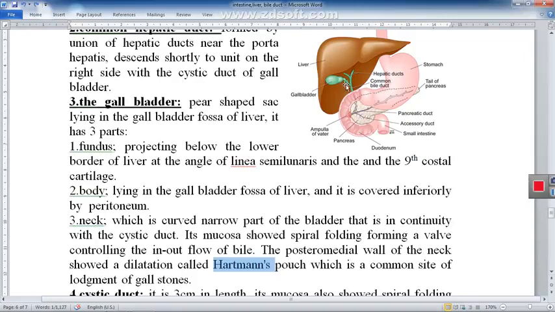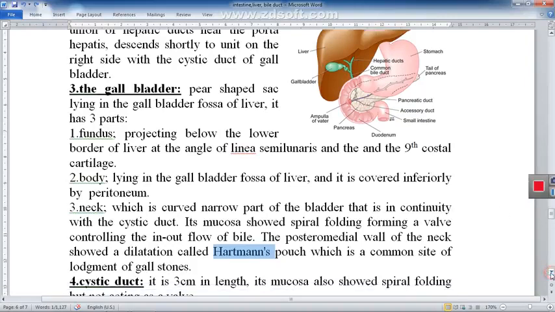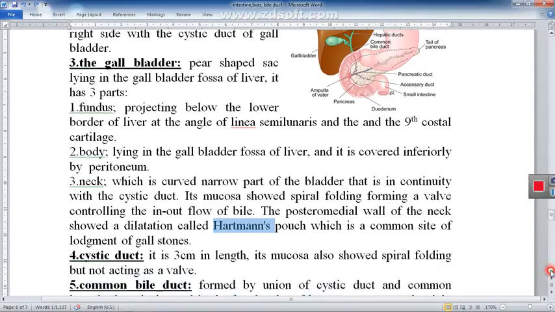After the Hartmann pouch, the neck is continuous with the cystic duct, and the cystic duct is very short, 3 centimeters in length. Its mucosa also shows a spiral folding, but the spiral folding in the cystic duct does not act just like a valve, as does the spiral mucosa in the neck.